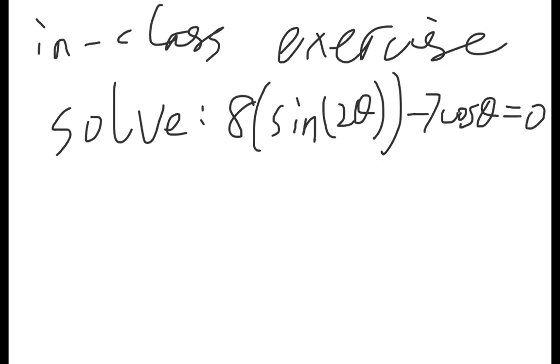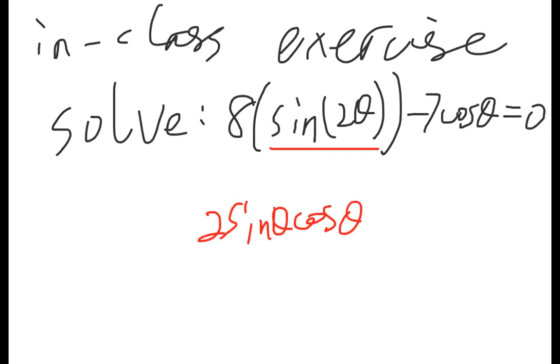All right, let's do this. So again, we use the double angle formula for sine of 2 theta, which is 2 sine theta cosine theta.